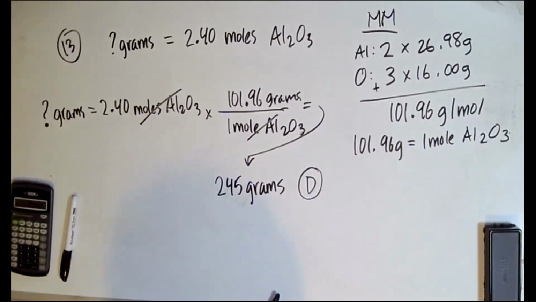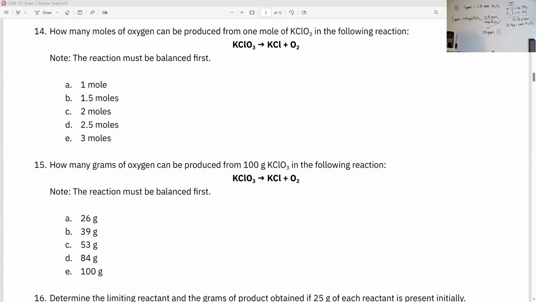The next questions, they don't really go together, but they go together in that they both share the same reaction that we'll need to balance before we can answer the questions.